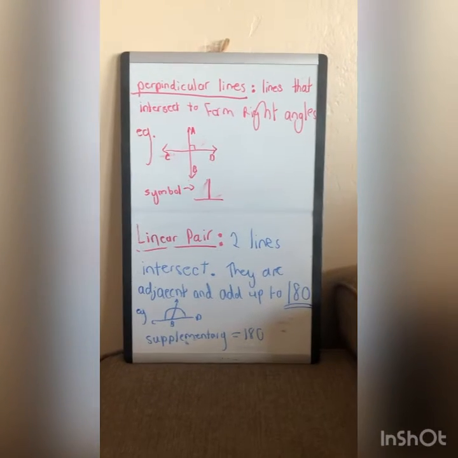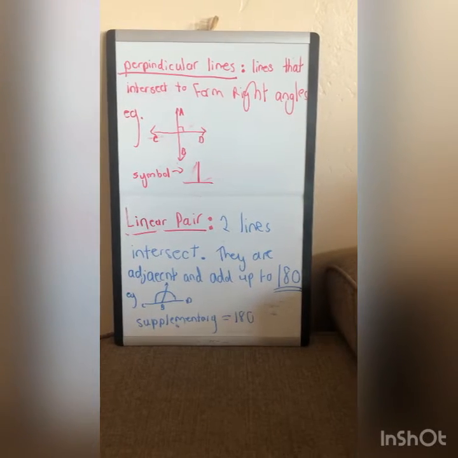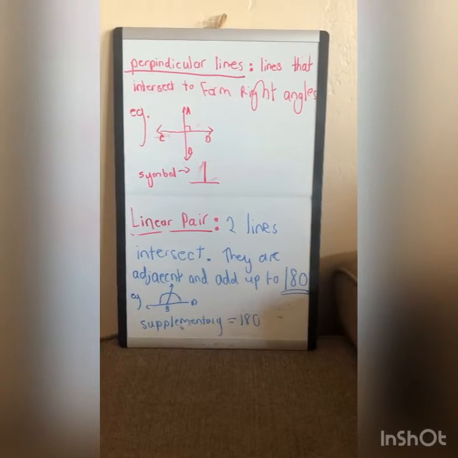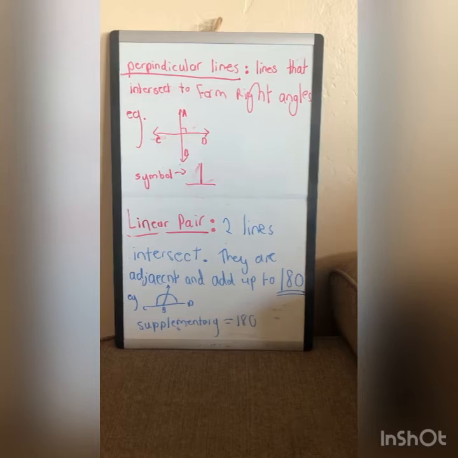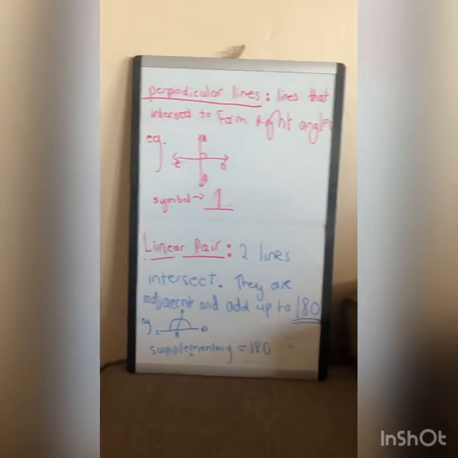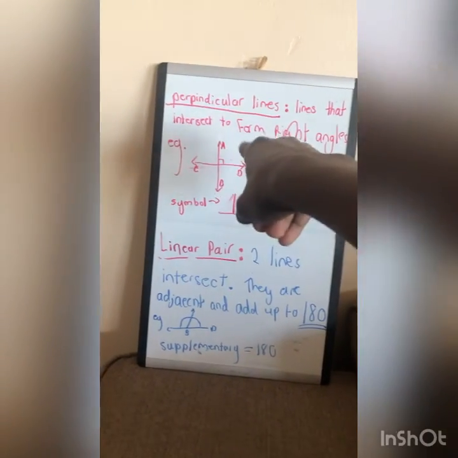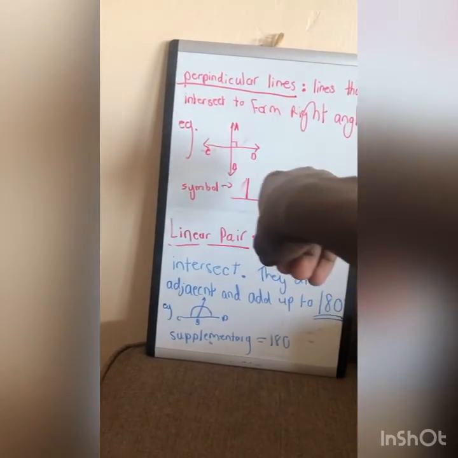Now, let's talk about perpendicular lines. Those are basically two lines that intersect to form a right angle, or right angles, I should say. So let's look at the example that I put on the board right here. We have lines AB and CD.